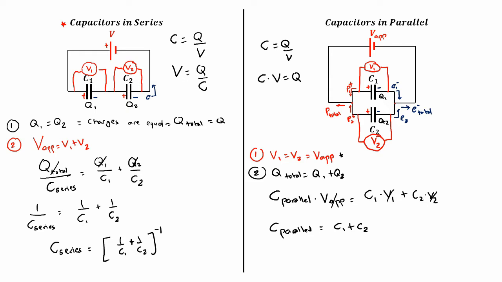You probably have noticed that the equations here look like they are flipped compared to the Ohm's law situation that we saw last week, where we were analyzing resistors in series and parallel. If we remember, for Ohm's law, voltage equals I times R, so voltage and current were directly proportional.